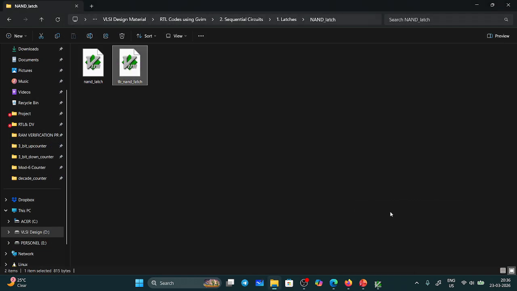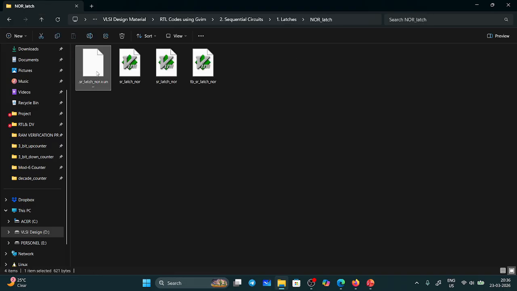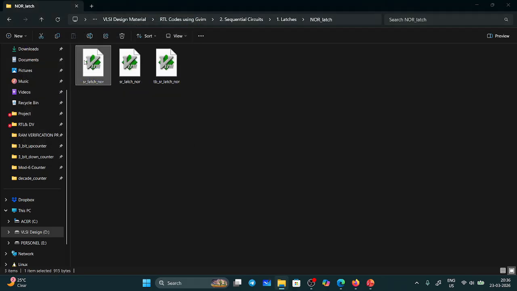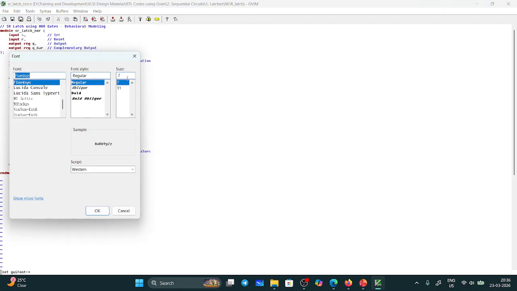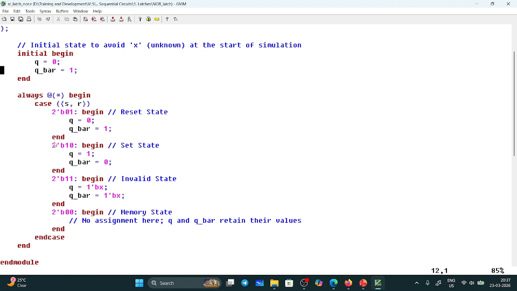NOR gate also I wrote. So the SR latch by using NOR gate. Here if you see, S, R, Q, Q_bar, and I'm initializing. Always @(*) means it will be applicable for all the inputs.